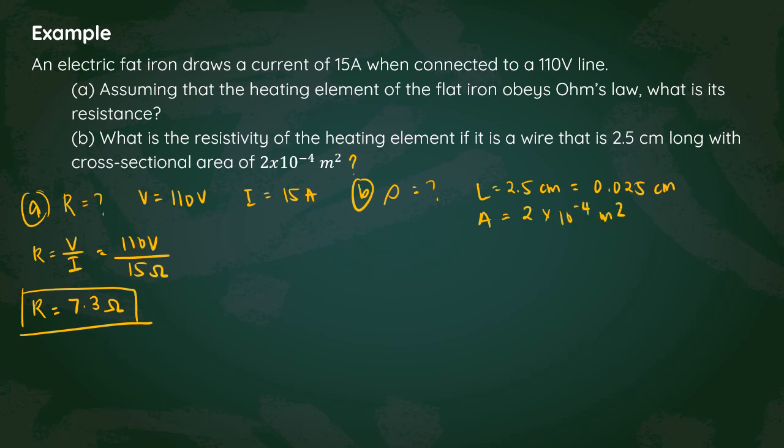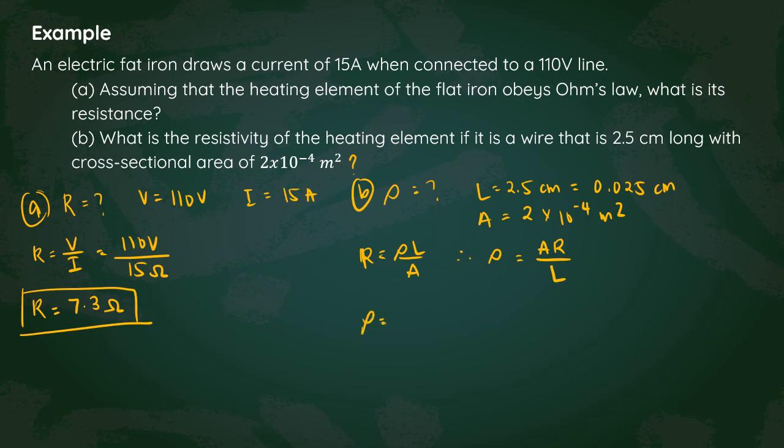So how do we solve for the resistivity of the heating element? Remember that resistance is equal to resistivity multiplied by length over your cross-sectional area. So therefore, resistivity is equal to the cross-sectional area multiplied by the resistance over the length.